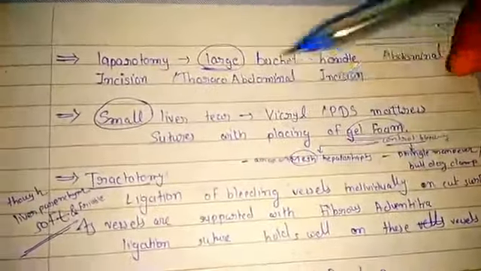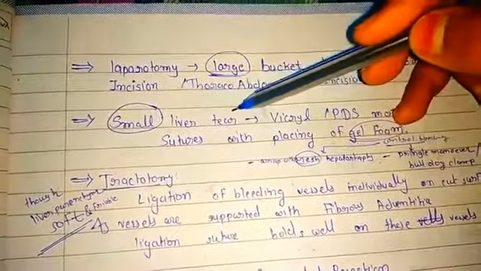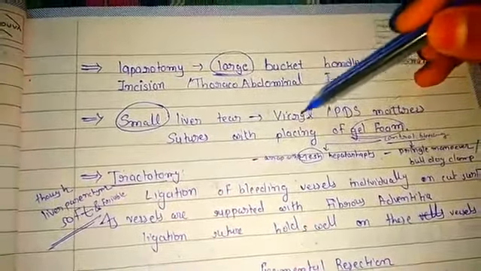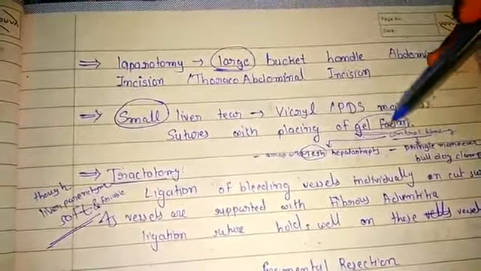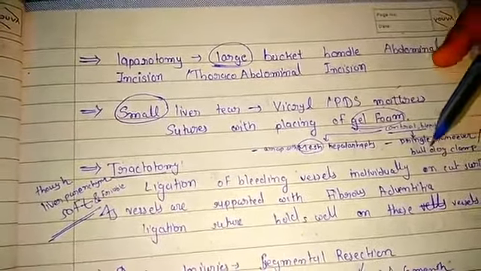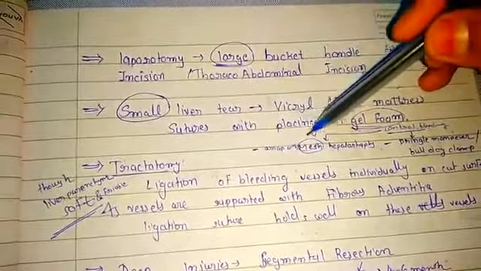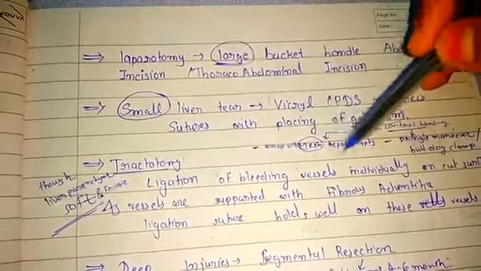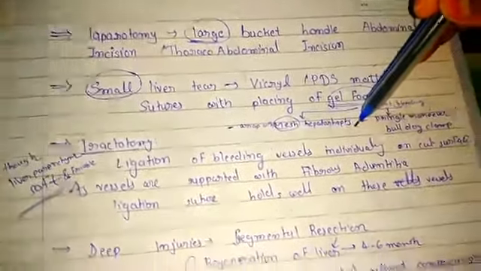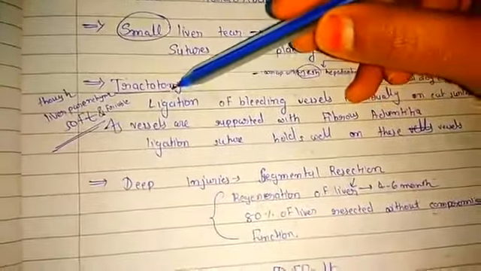If there is a small liver tear, Vicryl or PDS mattress suture with placing of gel foam. Gel foam is for control of bleeding. We can control the bleeding with the Pringle maneuver or bulldog clamp, or wrap the liver with mesh, which is called mesh hepatotherapy. And tractotomy.